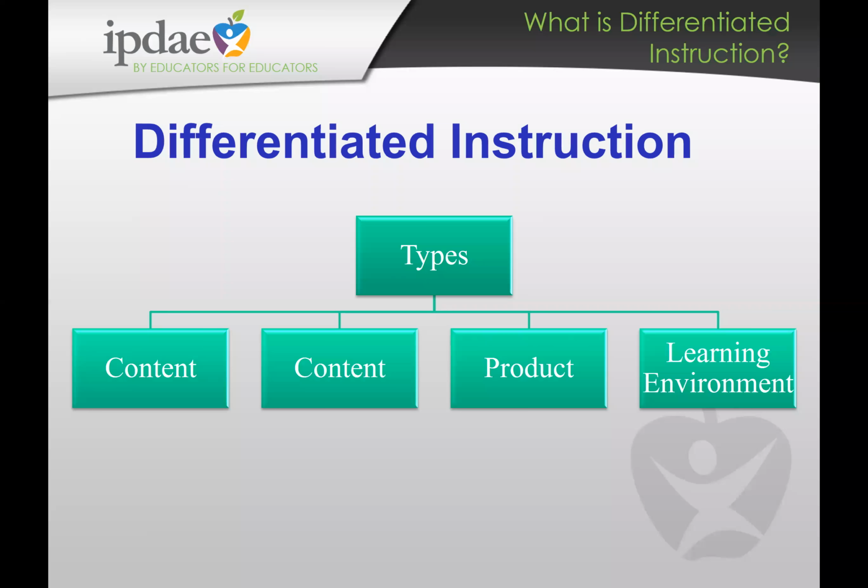You can also differentiate by context. The context that you teach is really on what area of relevance your topic that you're teaching will apply for your students. You can also differentiate the product, whatever they produce in the end. It doesn't have to always be a piece of writing or a completed worksheet.